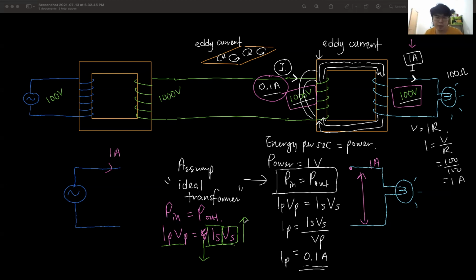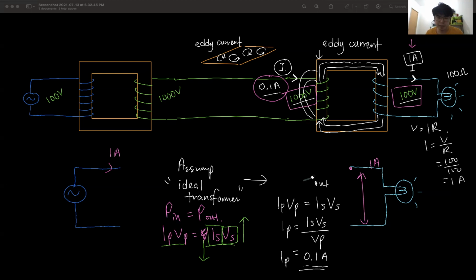So this is why when you increase the voltage, when you step up, the current will drop. In all electricity transmission, after they generate the electricity, they first step up, and only then transfer, so the current is very low. At the other end, they step down. Okay, now let me erase this first.